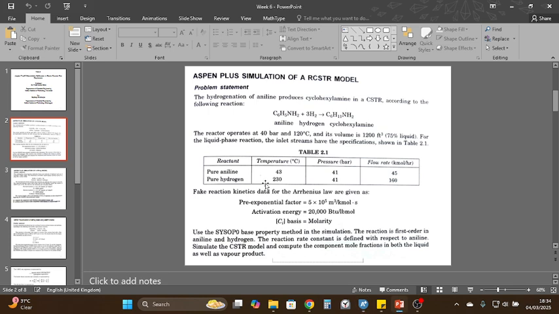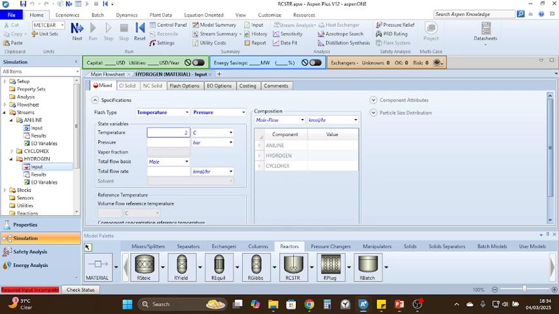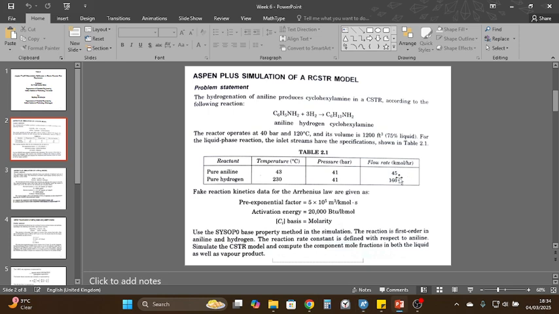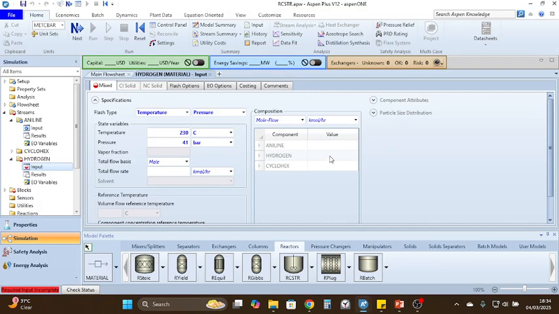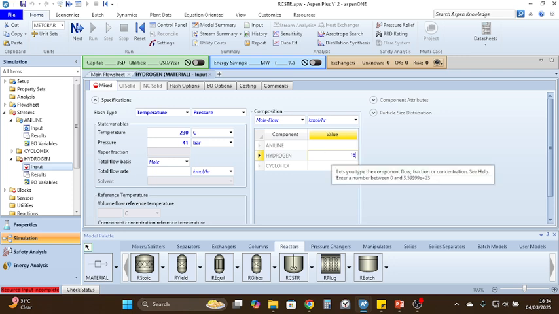Hydrogen is coming at a temperature of 230 degrees Celsius and the pressure is 41 bar and the flow rate is 160 kilomole per hour. So here I am specifying it 160. You can see that blue ticks have come in the stream folders of aniline and hydrogen respectively. Now we are going to click on next.